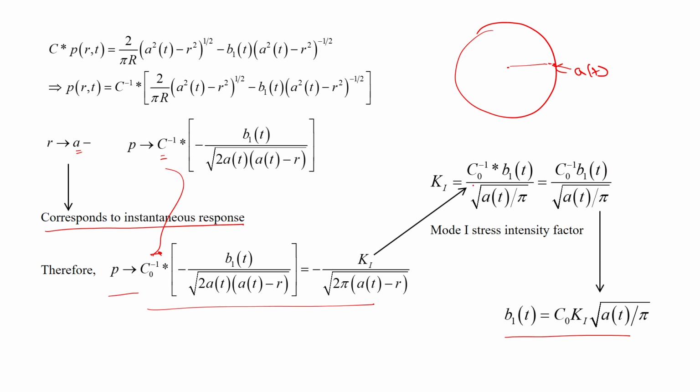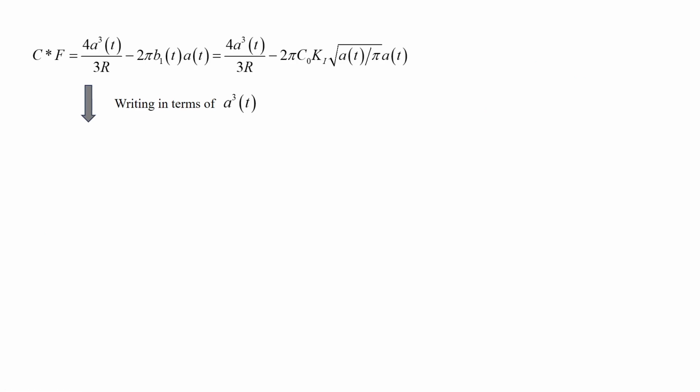Instead of having C we can write it as C0, and so this equation remains valid for B1. We can write it as C0 into K1 and square root of AT by pi. So here we have this B1, now written in terms of the stress intensity factor, that is what we have done.